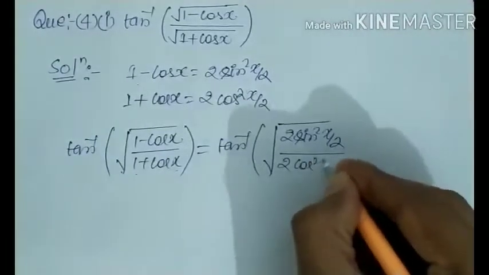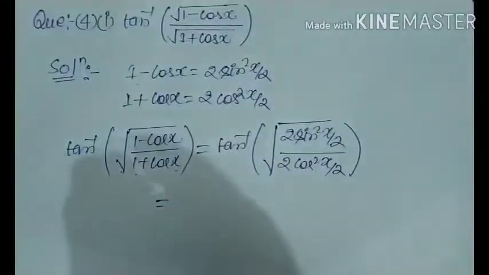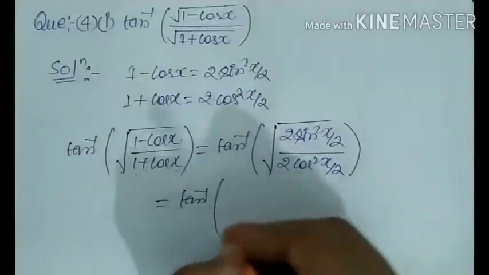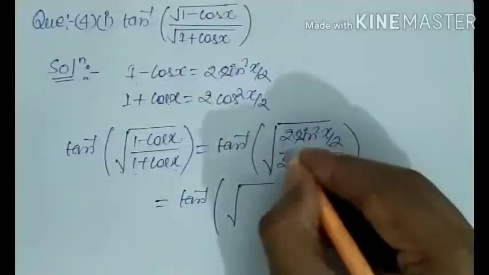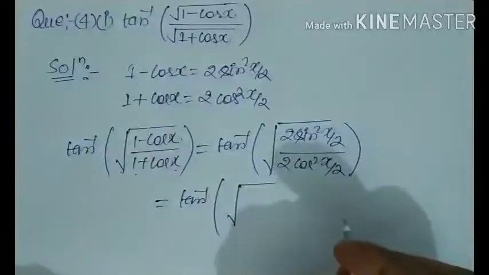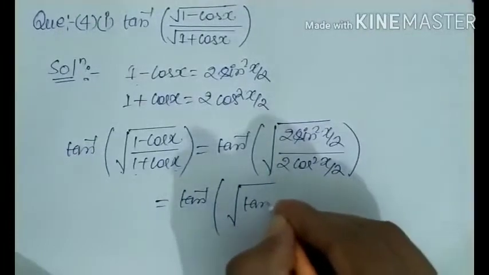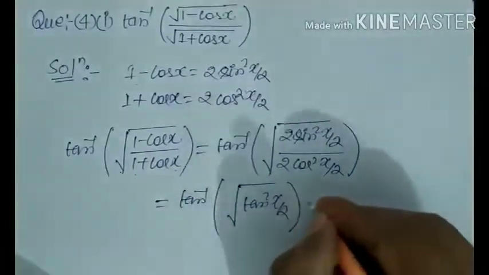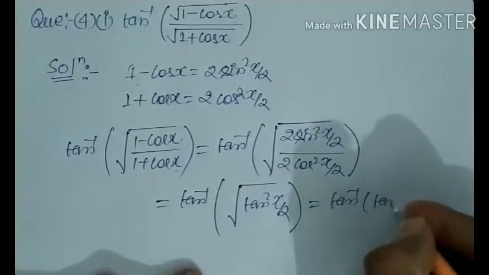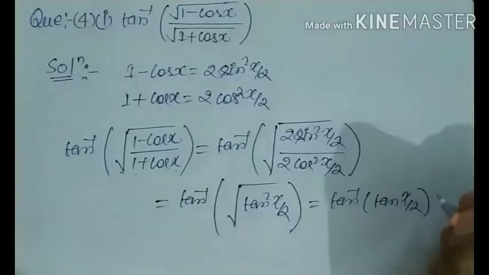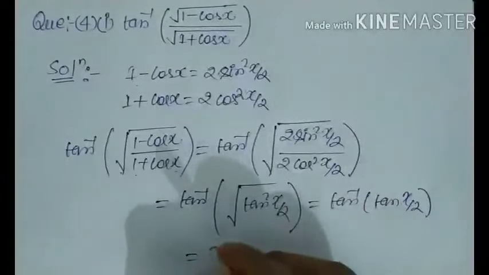Now the 2 will be cancelled out, and sin square x by 2 upon cos square x by 2 will be tan square x by 2. This is equal to tan inverse tan x by 2, which gives x by 2.